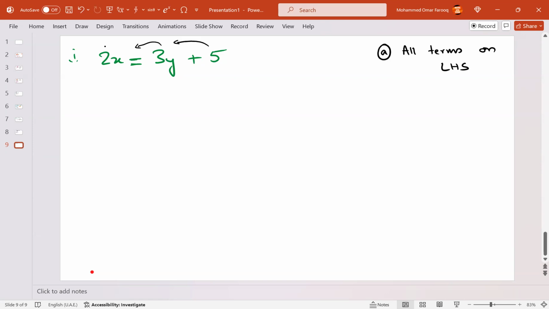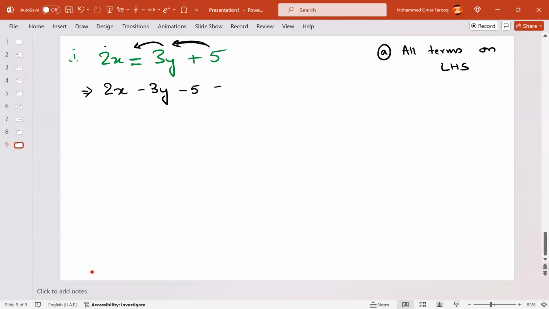When we transpose to the left-hand side, what happens? 2x is already on the left-hand side. Then minus 3y. When 3y is transposed, it becomes minus 3y. And plus 5 when transposed becomes minus 5.